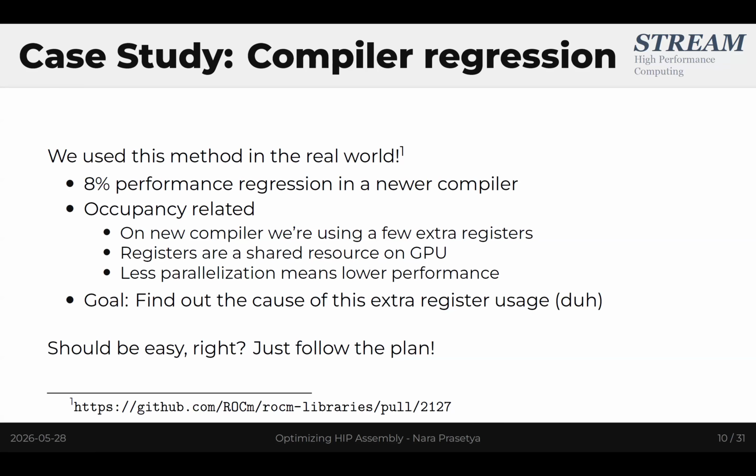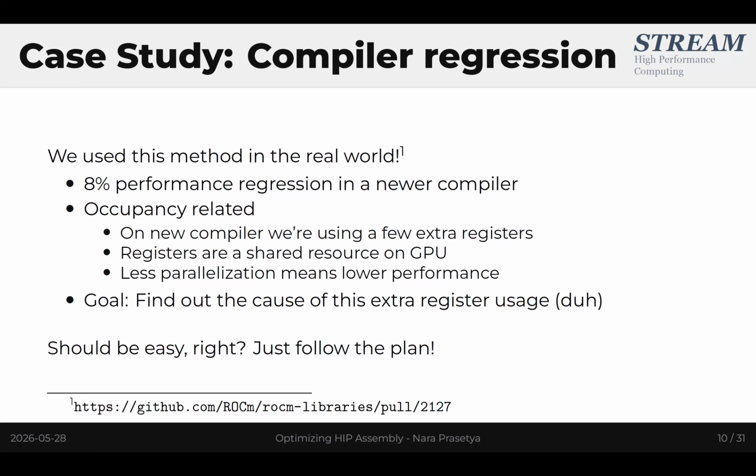So this is a case study of a time where I applied this technique with a coworker of mine. We had an 8% performance regression in a newer compiler, which was really annoying because the code was basically the same. Maybe around 1,000 lines of the assembly changed. And it turns out it was occupancy related.